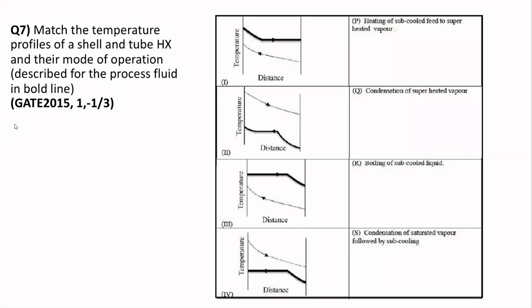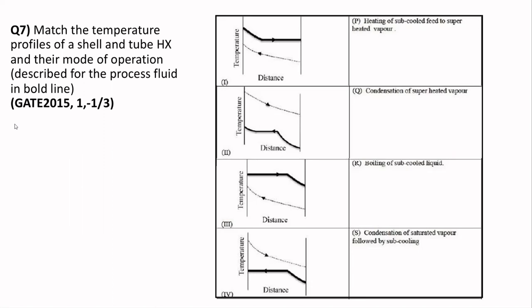Was it superheated, supercooled, saturated, and so on and so forth. So you need to match the pairs and tell me like 1 is for P or P is for 1, the profile for Q is 2, the profile for R is 3, and profile for S is 4, something like that in the chat box. So the bold line is for the process fluid, and P, Q, R, S are again describing the change that is occurring to the process fluid.